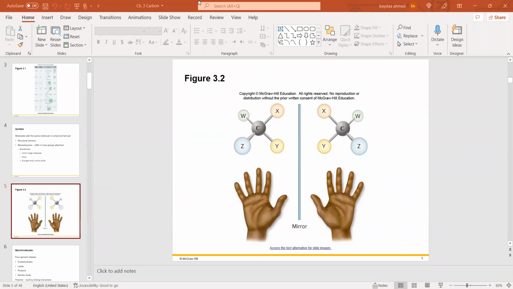Enantiomers are isomers that are mirror images of each other and differ in shape due to the presence of an asymmetric carbon. The 4 groups can be arranged in space around the asymmetric carbon in 2 different ways that are mirror images.